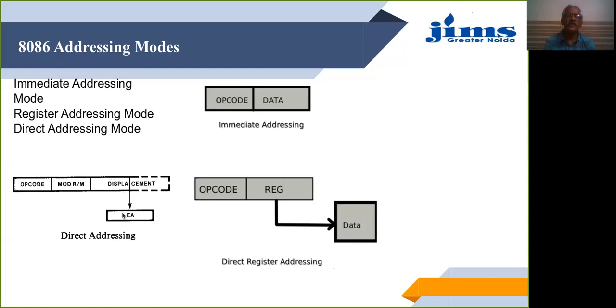And using this displacement, which is nothing but the effective address, we can calculate the physical address by manipulating the segment value and this displacement. So in direct addressing, the address, that is the effective address or displacement, is part of the instruction. It refers to the address.